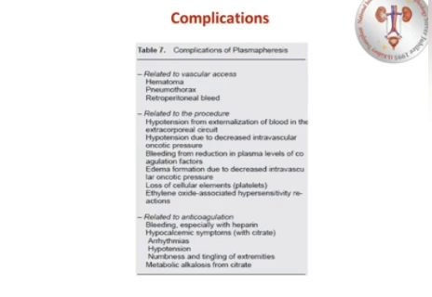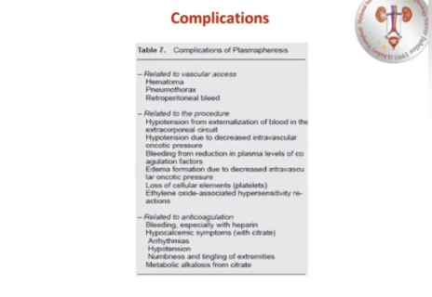Hypotension due to decreased intravascular oncotic pressure is another issue. As we mentioned, albumin is sometimes taken with the plasma, and if you are not replacing with albumin properly, the oncotic pressure will be much less, and extravasation to the third space will happen. Again, this will cause hypotension.